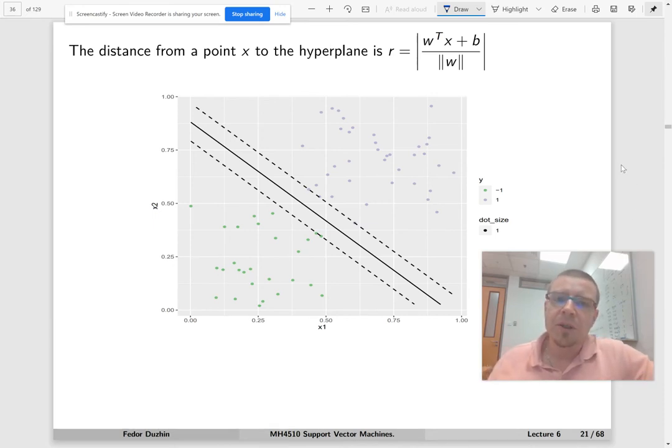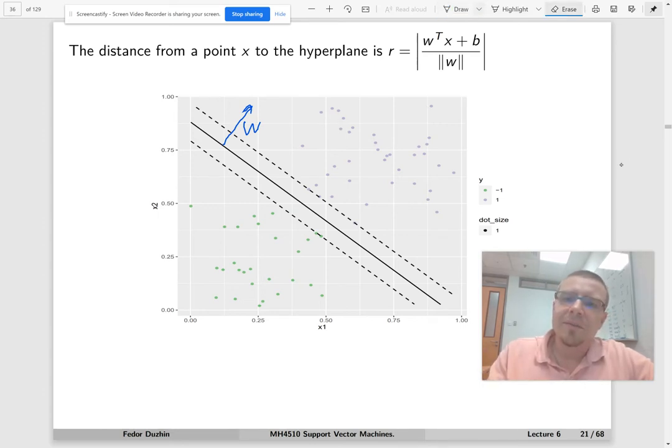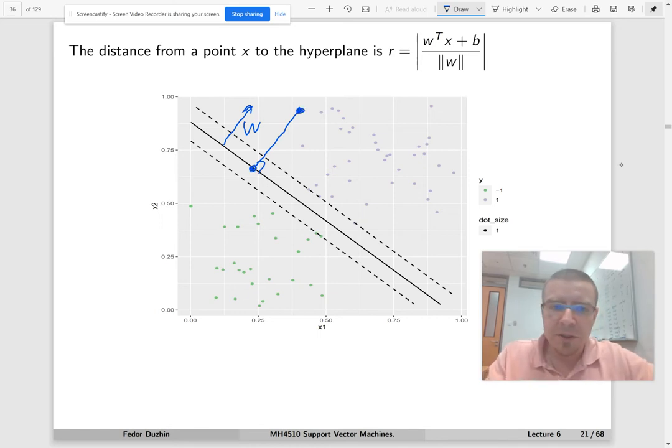Now, the distance from a point x to the hyperplane is given by this equation. Recall that W is the vector perpendicular to the hyperplane. It doesn't have to be a training observation; if we just have any point x, how do we find the distance? We need to draw a perpendicular from x to our hyperplane, and then measure the distance from our point to the base of this perpendicular.